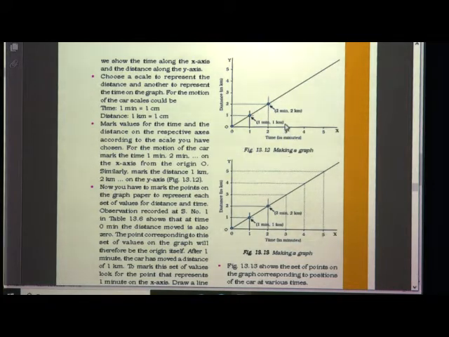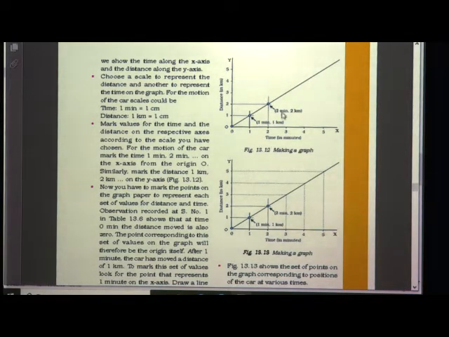Then we draw another reading. After 2 kilometers we draw a horizontal line. That 2 kilometers is covered after 2 minutes, so again we draw a vertical line at 2 minutes on the x axis.